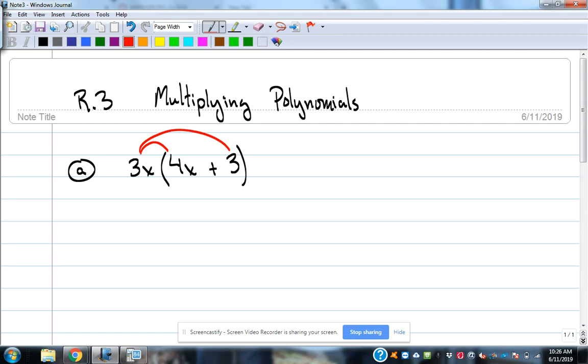So multiplying 3x times 4x. Remember our rule when we're multiplying, what happens with exponents on variables? We add them together. Those x's both have ones, so when we multiply x times x, it's going to give us x squared. And 4 times 3 is going to be 12. So 12x squared for that first term.